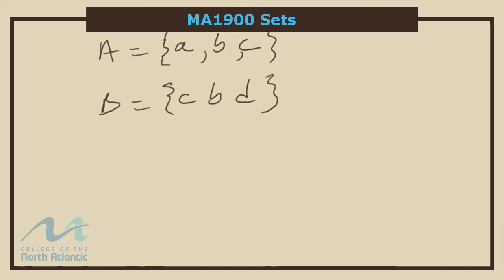Now, A is not in both of these, and D is not in both of these, so they can't be equal. But because both sets have the same number of elements, they're equivalent. So these are equivalent any time that our numbers of elements match up.